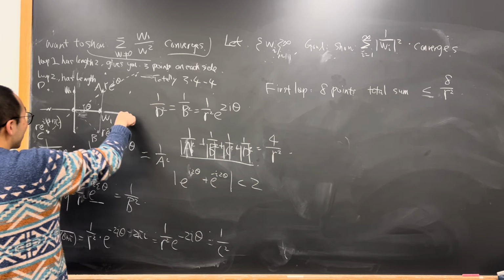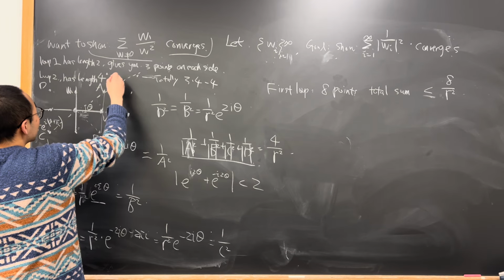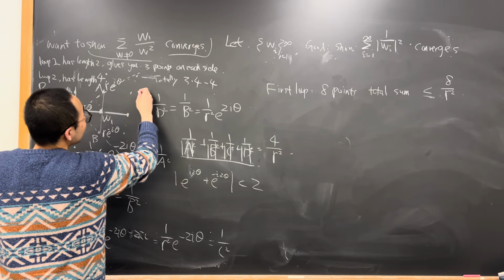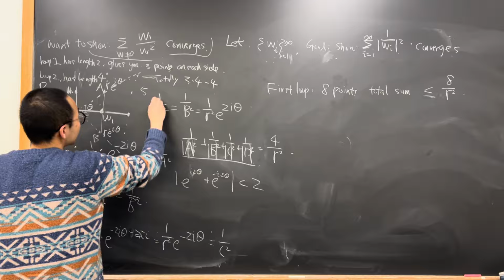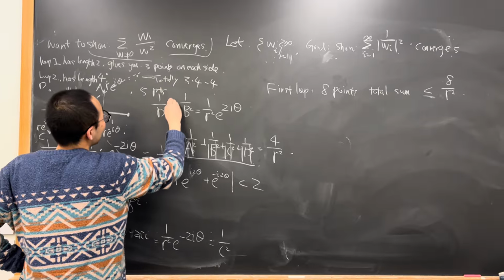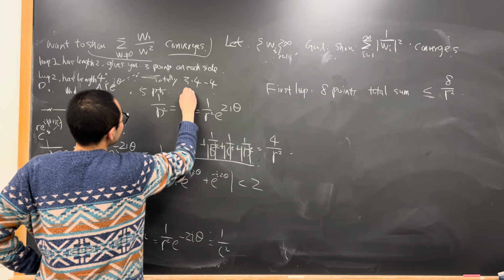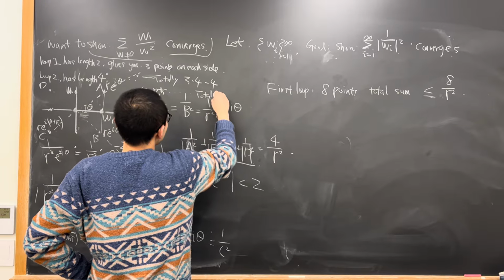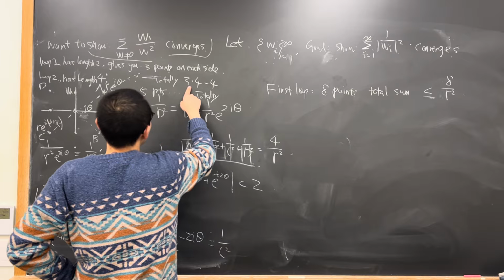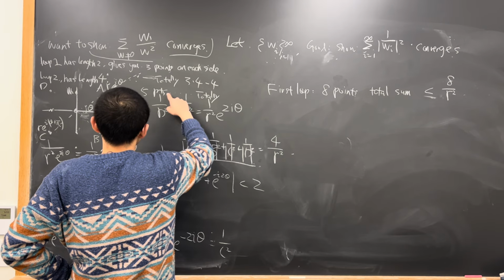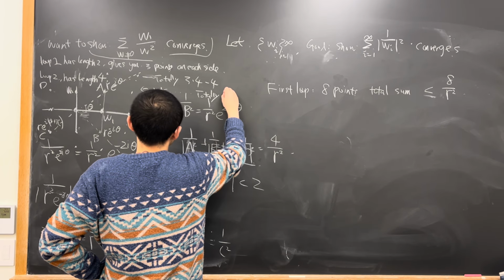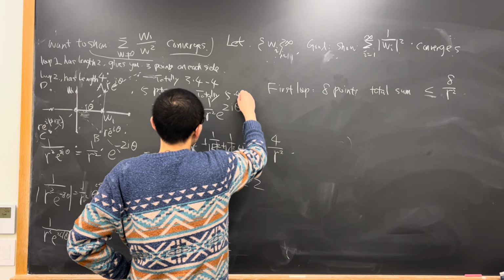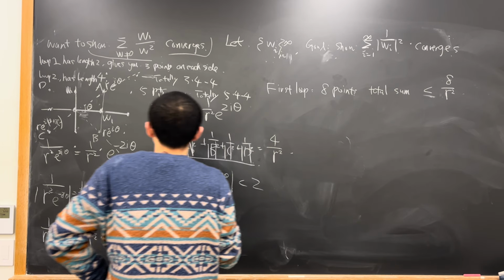So it has length 4, which gives you 5 points, okay? 5 points on each side, and then totally gives you 5 times 4 minus 4.